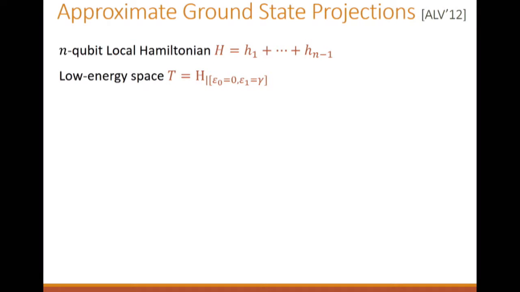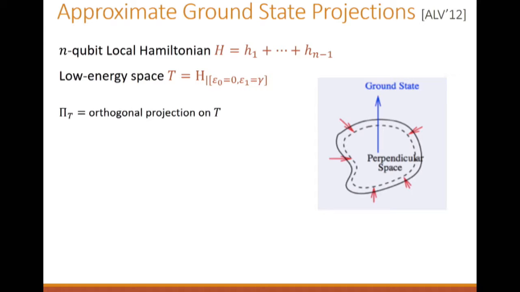So let's think about our problem. What are we trying to do? We have this Hamiltonian and we're trying to figure out a basis for the low energy space. Just to simplify, let's assume that the minimum energy is 0, frustration free, just for the exposition. And then I have my first excited state at energy gamma, a constant above 0. My goal is basically to come up with an implementation of the projection onto the ground space.